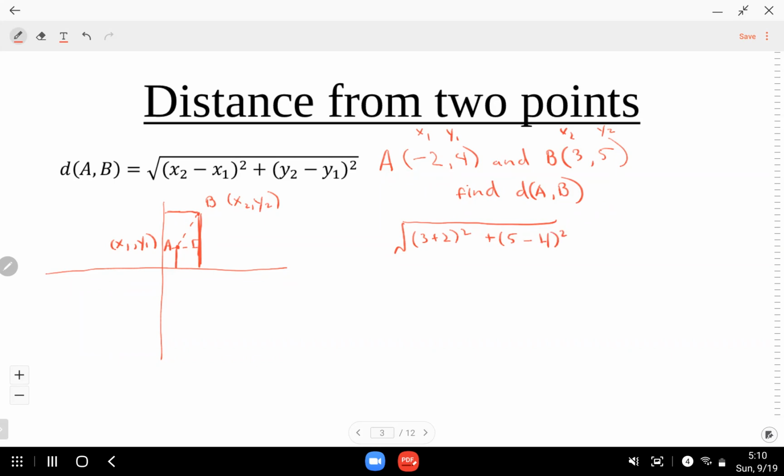So what we get here is going to be the square root of 25 plus 1, which equals the square root of 26, and it can't be simplified any further. So square root of 26 is the correct answer.